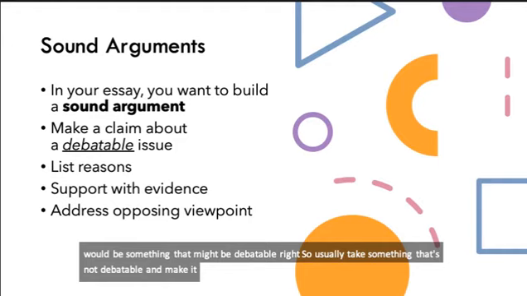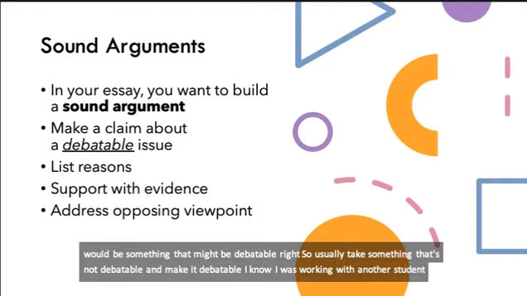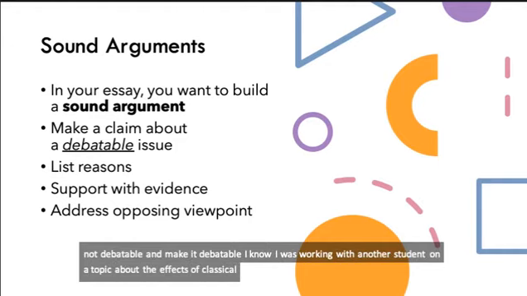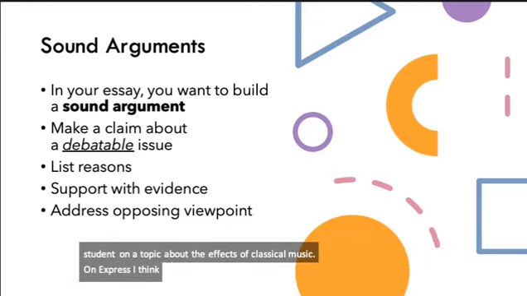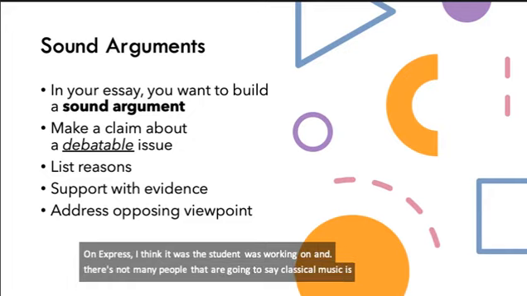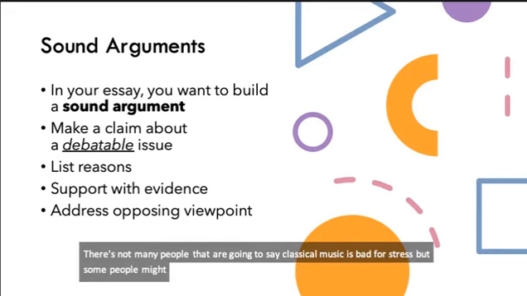I know I was working with another student on a topic about the effects of classical music on stress, I think it was. And there's not many people that are going to say classical music is bad for stress, but some people might say that it doesn't have any measurable benefits. So you want to think about that too. It's not always right and wrong.